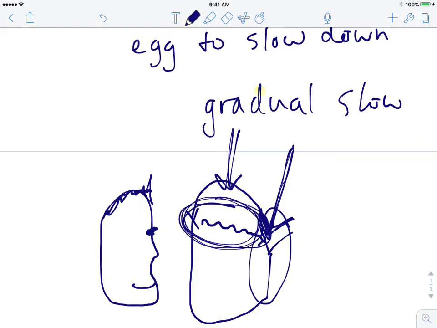Gradual slowdown. That gradual slowdown is what allows me to have a smaller force. Gradual slowdown means small force.